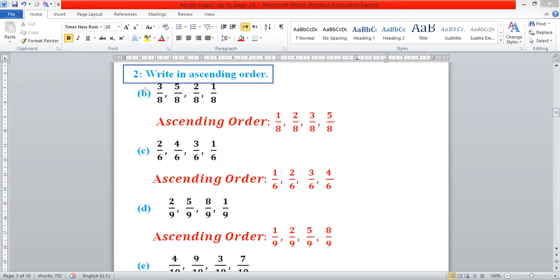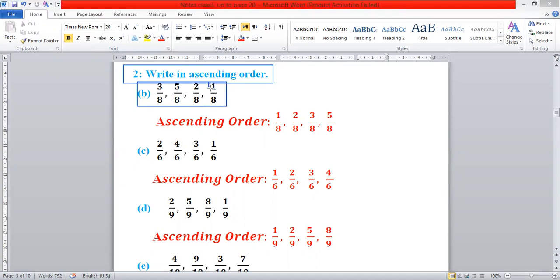Here the first set of fractions is 3 over 8, 5 over 8, 2 over 8, 1 over 8. These are all like fractions. Therefore, we will write according to numerator.